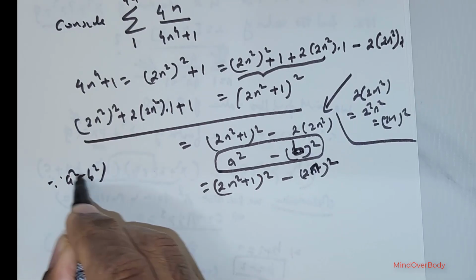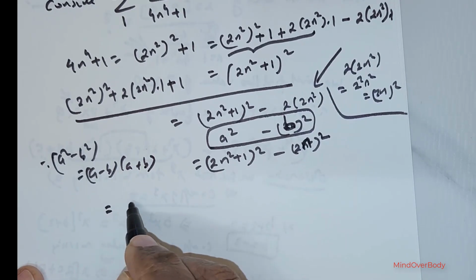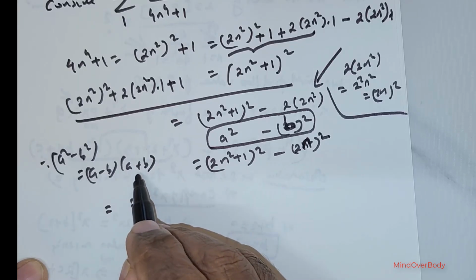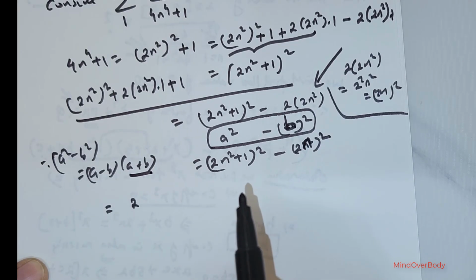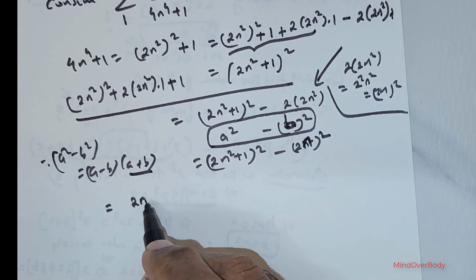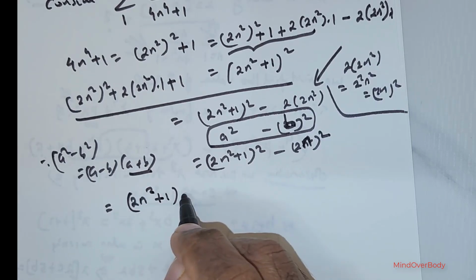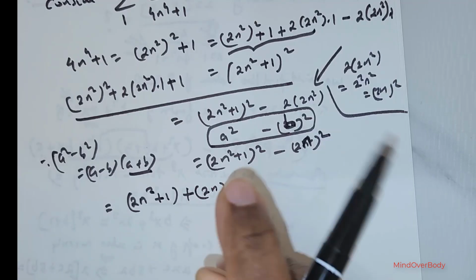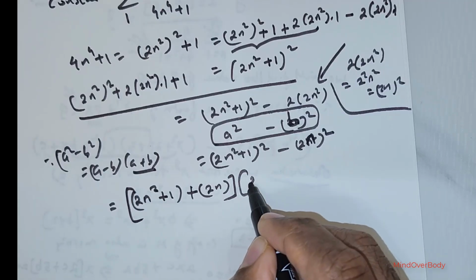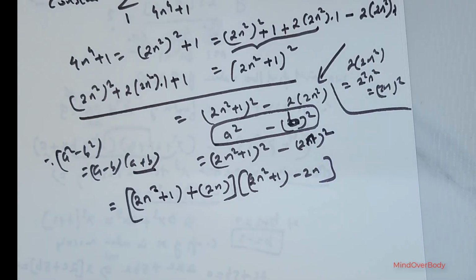Now a squared negative b squared is (a negative b) times (a positive b). What I would do is write the addition term first. So this is going to be (2n squared positive 1 positive 2n), this is one term, and this is multiplied with (2n squared positive 1 negative 2n). So this is the next term.